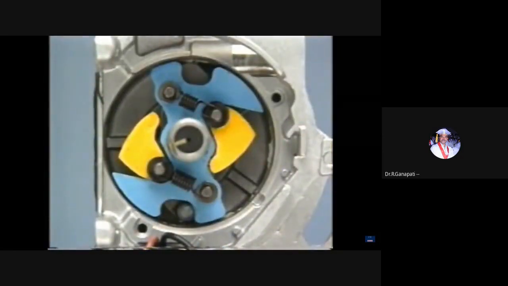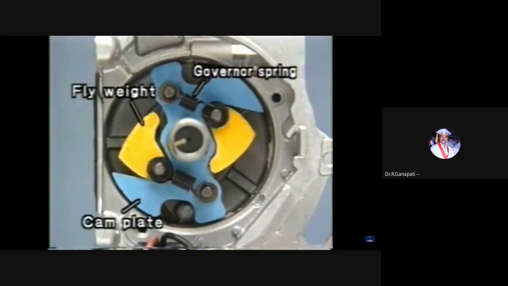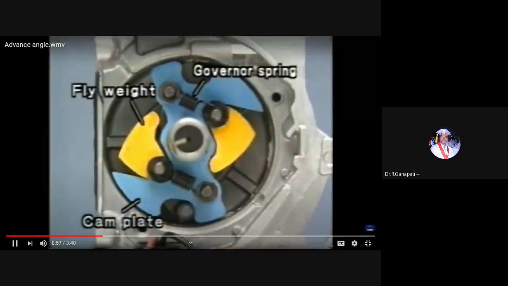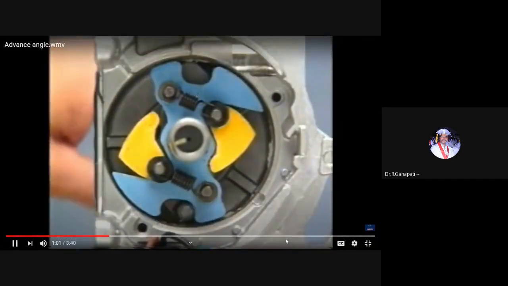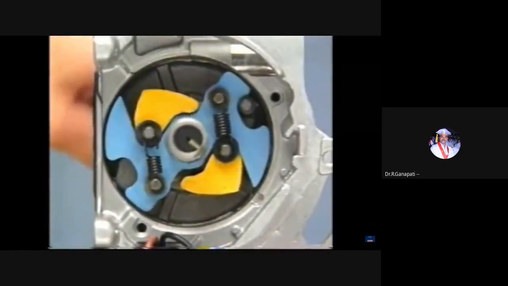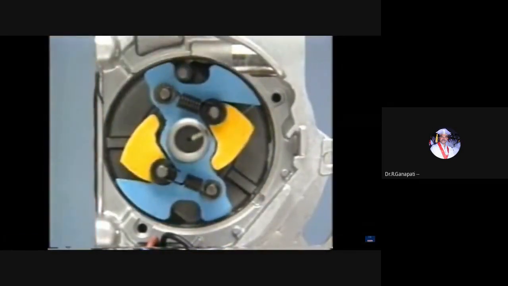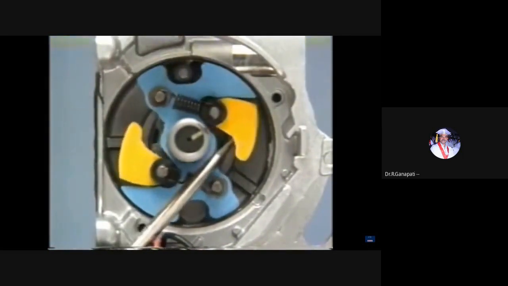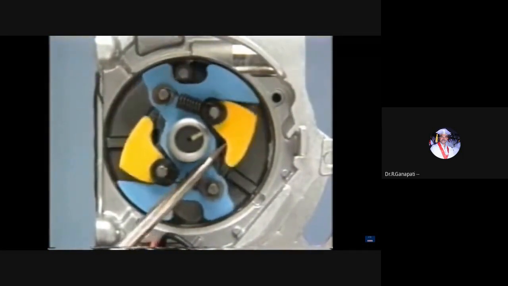The governor advancer consists of a cam plate, flyweights, and governor springs. The cam plate rotates together with the distributor shaft. Two flyweights rotate on the cam plate with support pins as their centers.